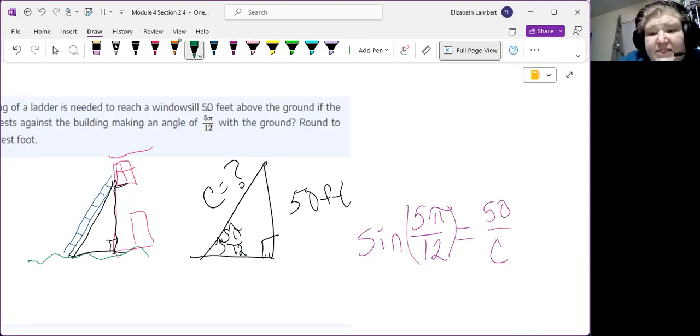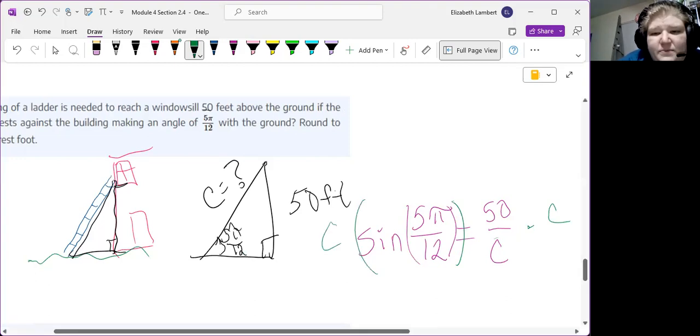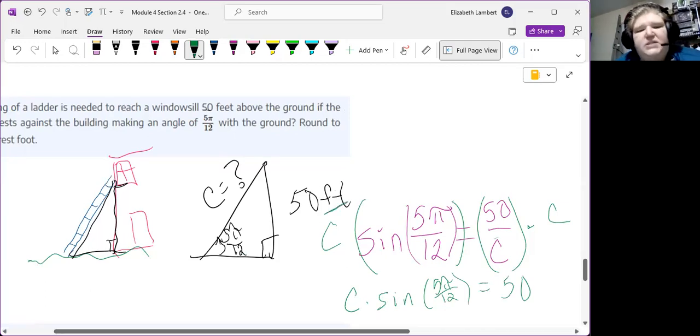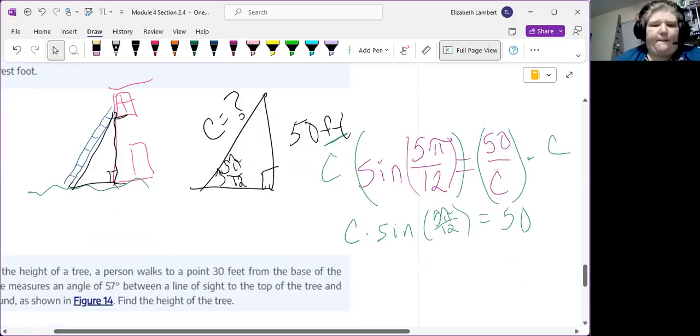So right now my C being in the denominator, no, I don't like that. So we're going to multiply both sides by C. On the right, it cancels out. On the left, we now have C times sine of our ugly angle is equal to just the number 50. And we'll remember later that's feet. Give me a sec.